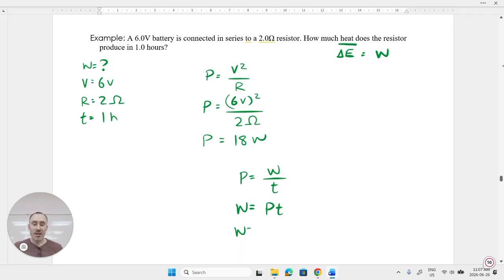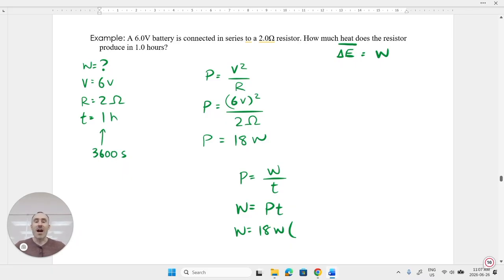Work is equal to 18 watts times, okay, now remember that time needs to be measured in seconds, right? So I need to actually take this 1 hour over here and recall that 1 hour is 3,600 seconds. Now, if this wasn't 1 hour, if it was a different time, like 1.34 hours or something like that, I'd actually have to do a whole conversion there, right?